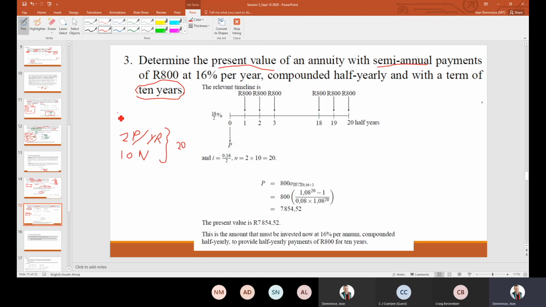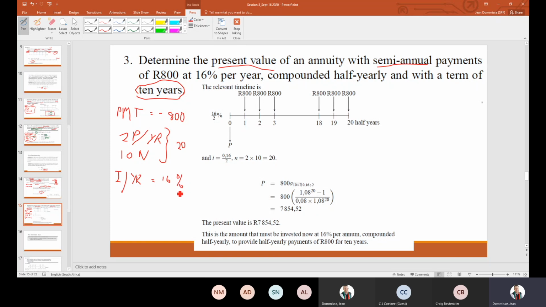Then my PMT would have been minus 800, and the interest rate would have been 16%. And you also then need to get the answer.